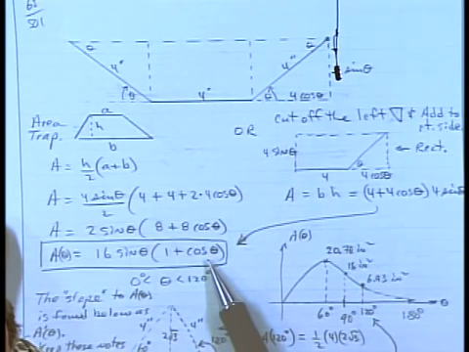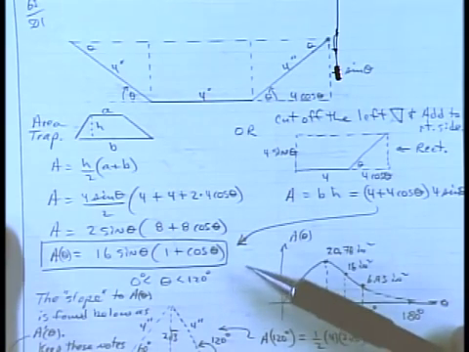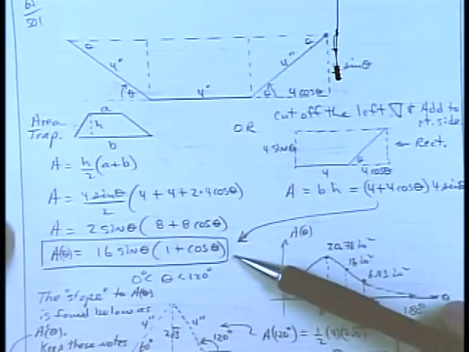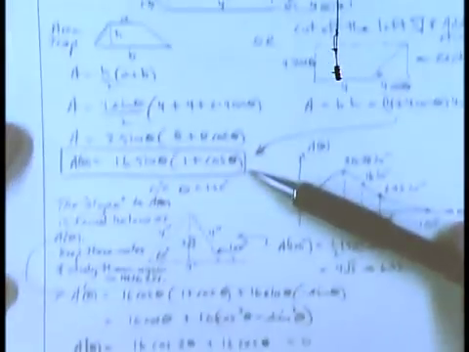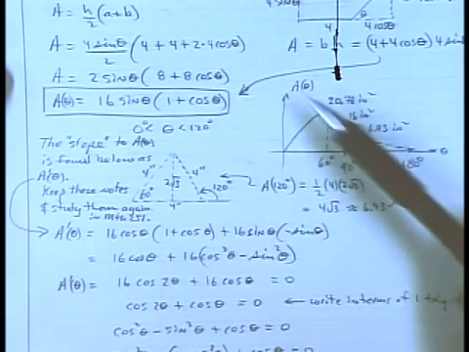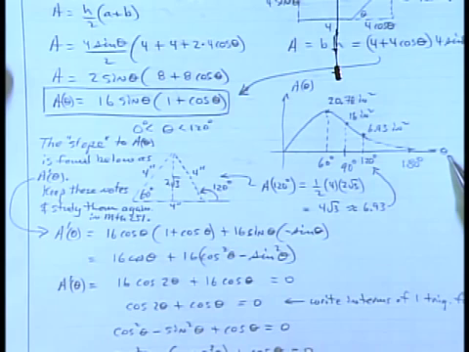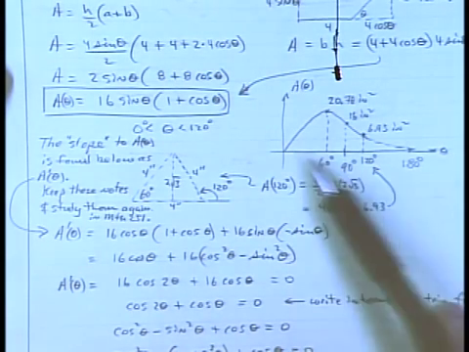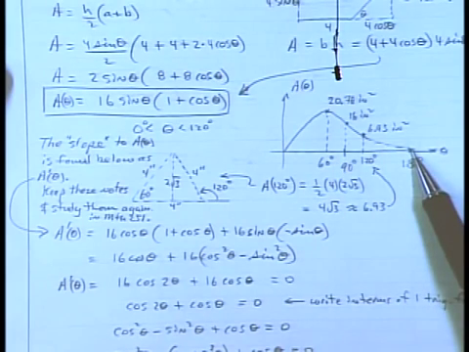Okay, now I prepared a handout, and I'm not going to spend time on it today because I want to go back to polar with you right away. But I want to shift this up a little bit so we can see this on the recording. If we graph this area function as a function of angle theta, I went ahead and did the graph all the way out to 180 degrees.